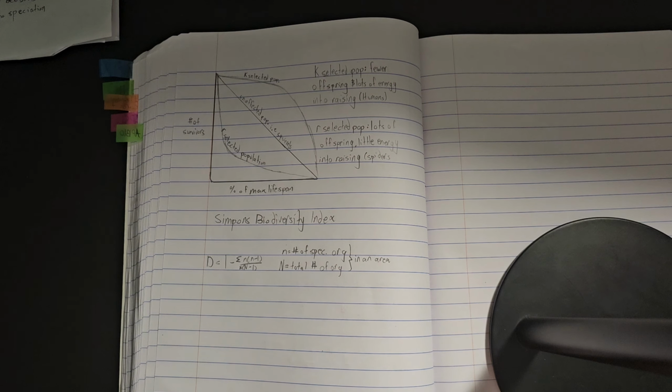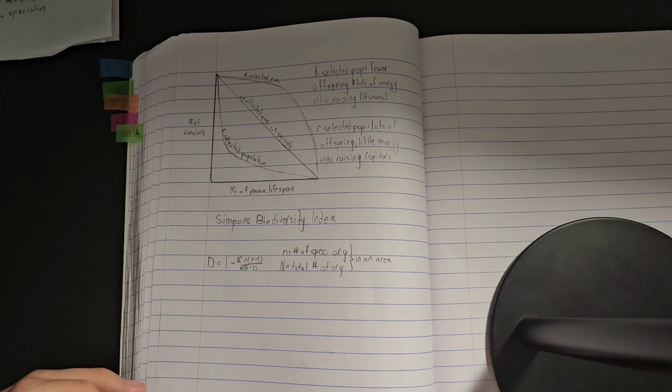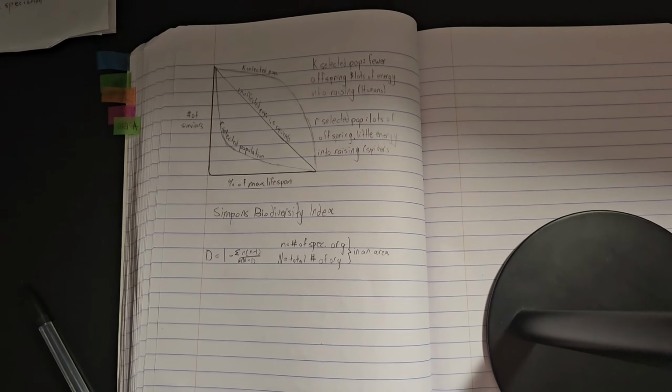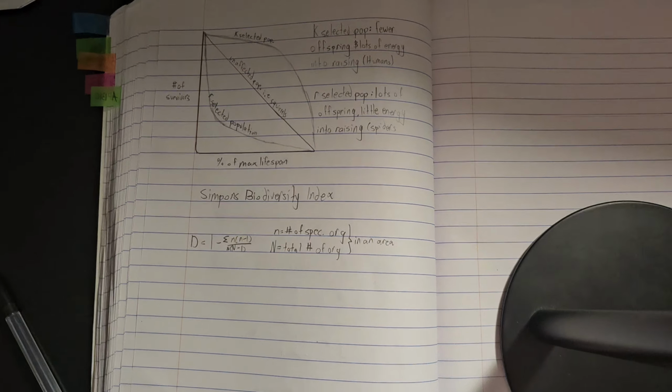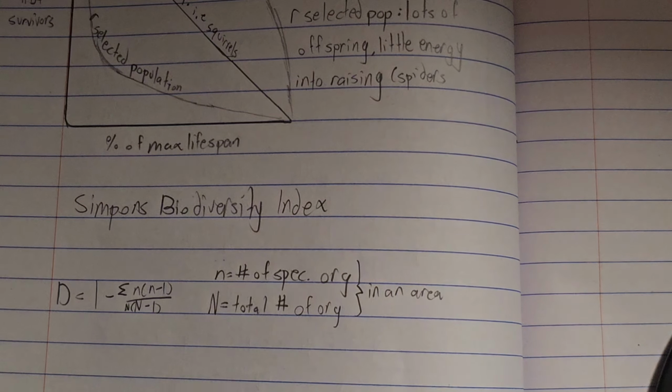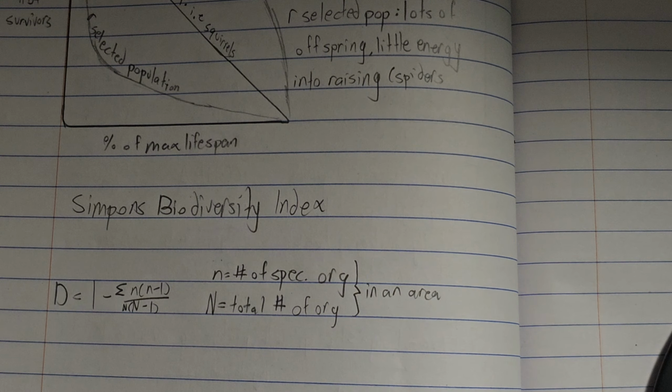And that's all over the total number of organisms times the total number of organisms minus 1. And this value will range from 0 to 1. The closer it is to 0, that means there's less variation in the species of the population. But the closer it is to 1, that means there are more different species in that population.